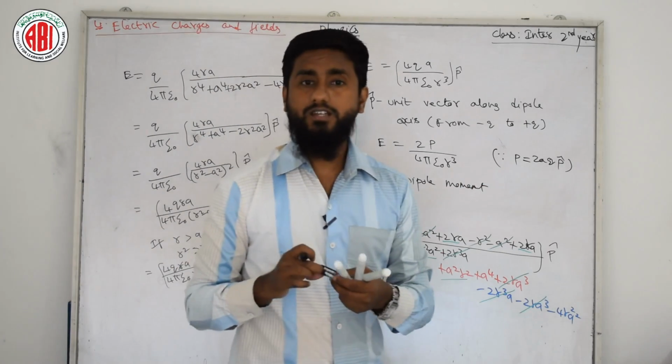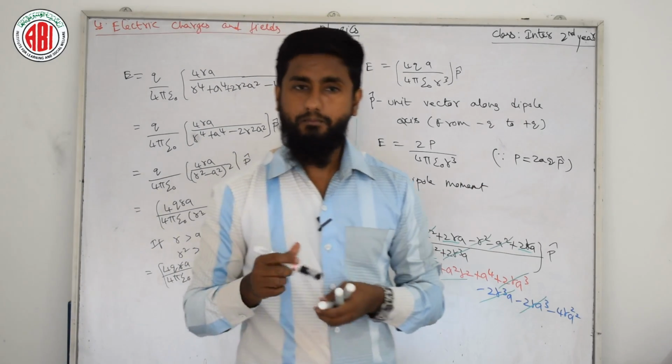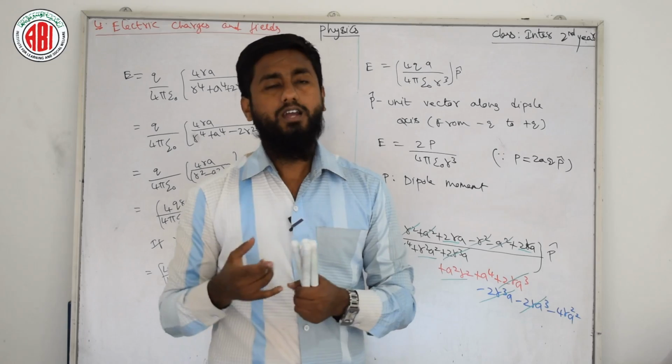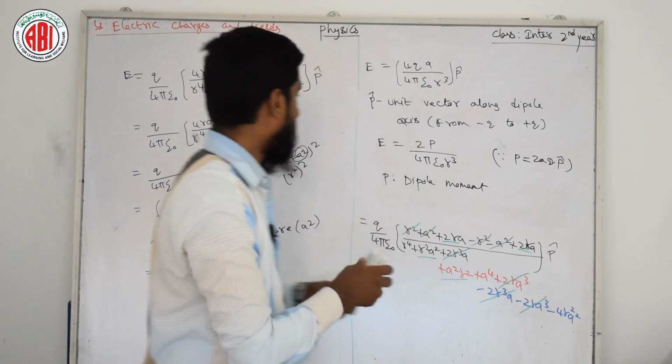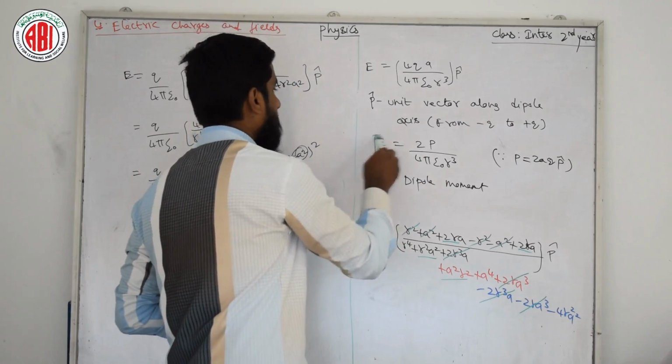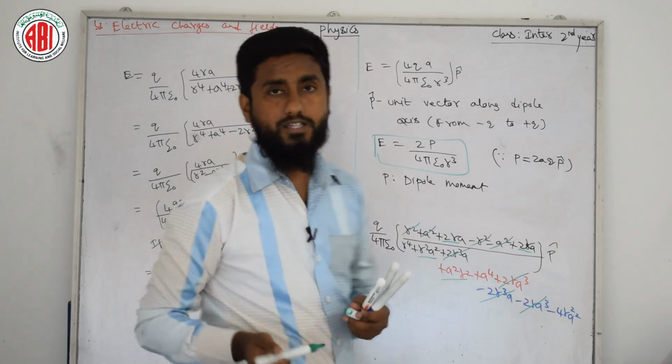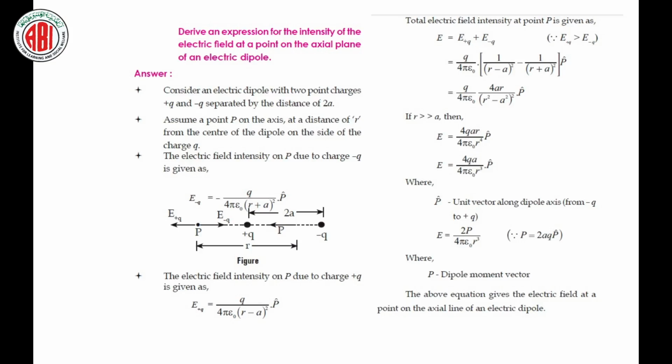The above equation gives the electric field at a point on the axial line of an electric dipole. This is the only equation for us. So this expression I am just putting on your screen, you can see.